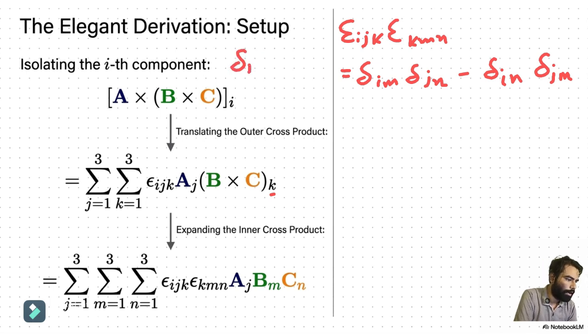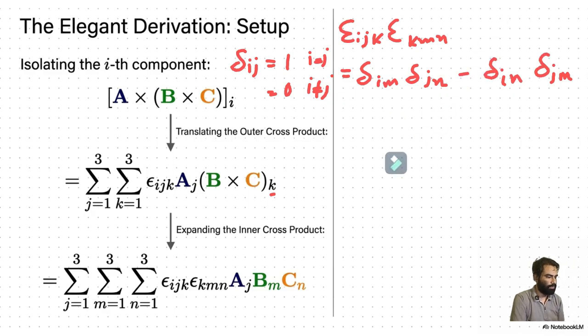delta ij will be 1 when i is equal to j, and it will be 0 when i is not equal to j. So for the first term we have to equate i equal to m and j equal to n.